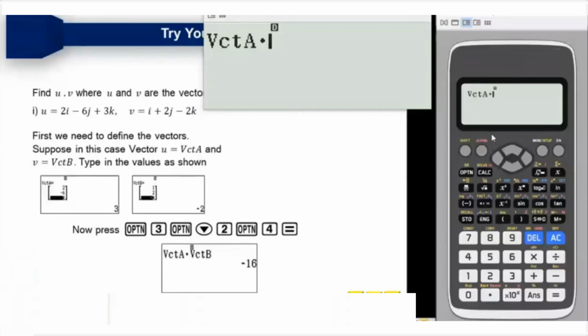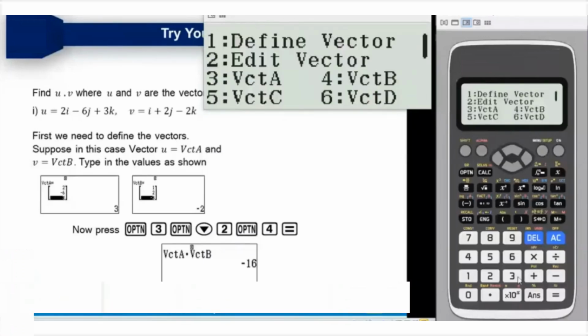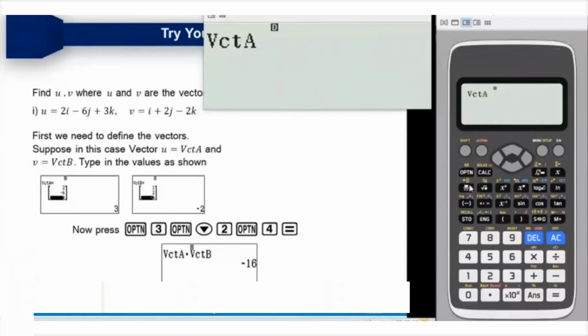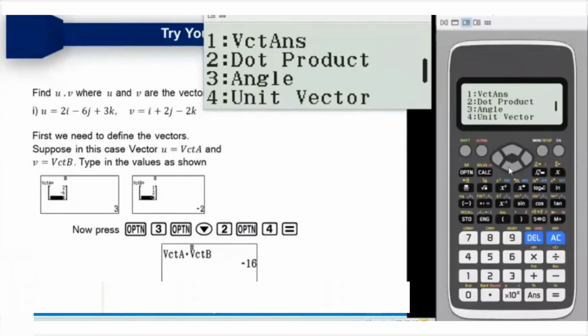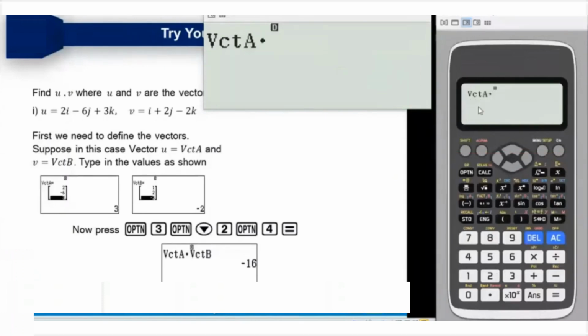I hope this is clear. What I have done is I have pressed option 3, pressed option, scrolled down, and pressed 2, and this is the dot product.